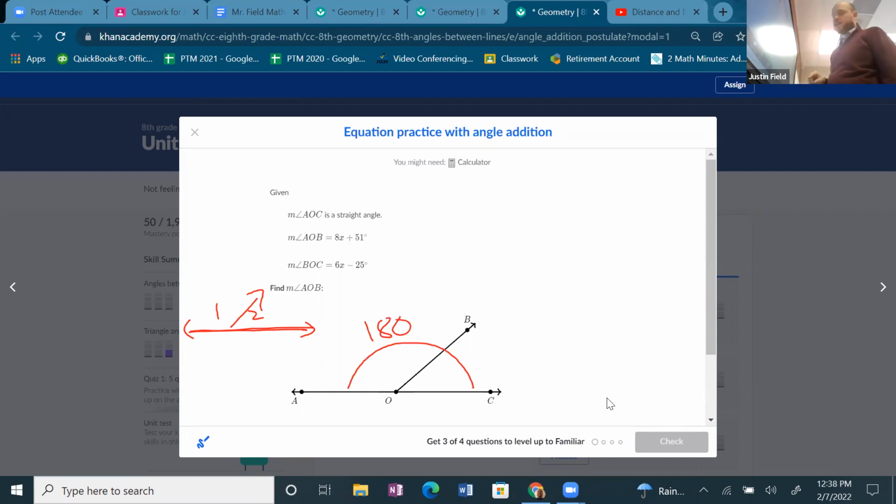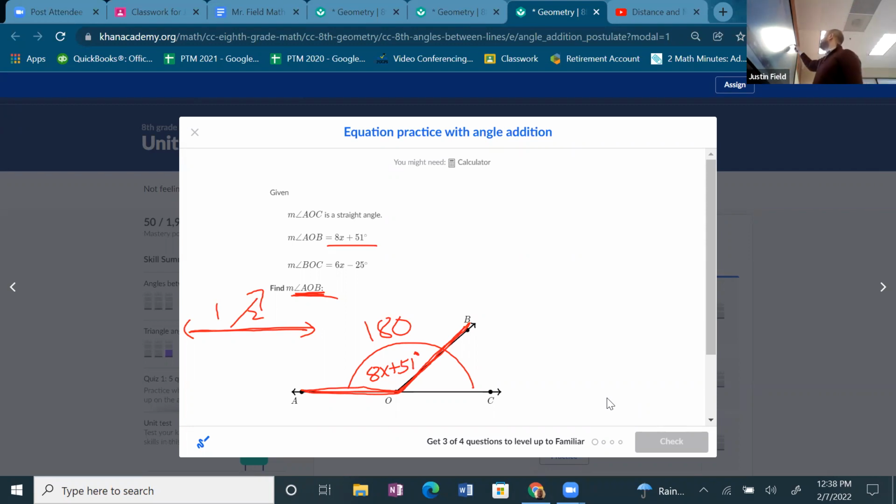Okay, and we have AOB is the angle we want to find. That is this angle right here. So the whole thing is 180, but this AOB, what is that? We don't know. But we do know that it's 8x plus 51, so we can put that in there. We don't want to know the expression, we want to know the angle measure, so we're going to have to solve for that.